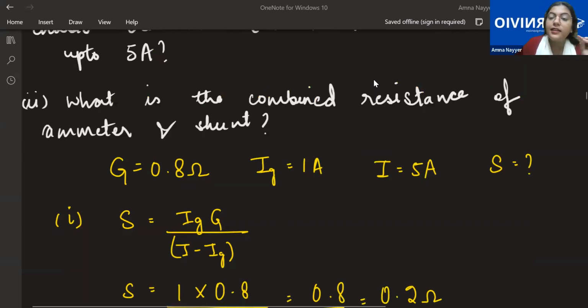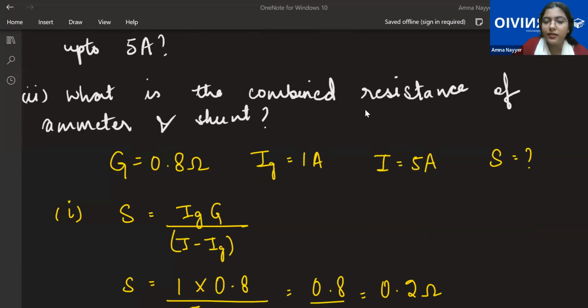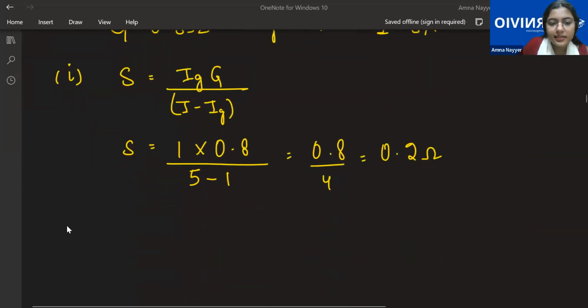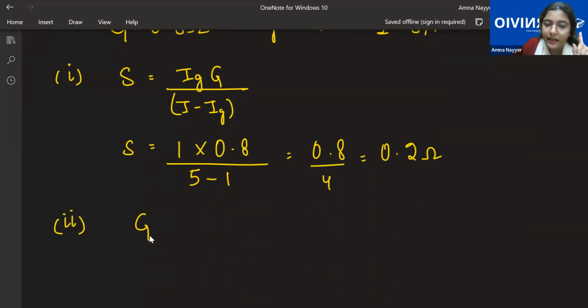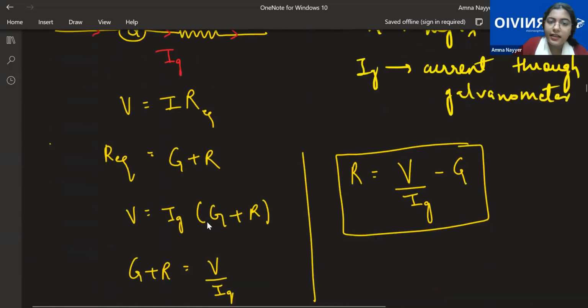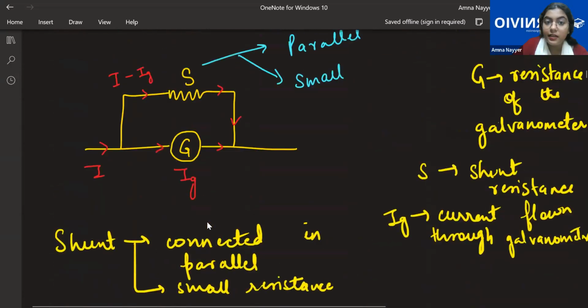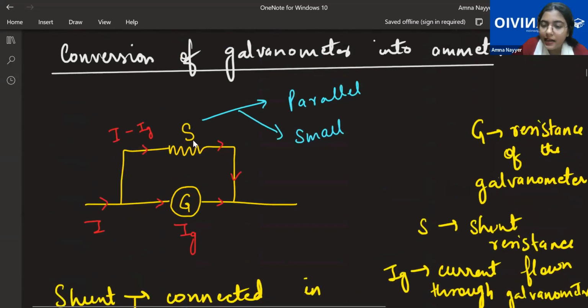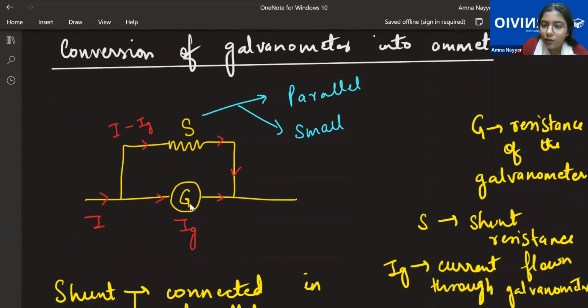It asks what is the combined resistance of the ammeter and shunt. What is our ammeter right now? The ammeter is basically the galvanometer, and there is a shunt. It asks for their combined resistance. Ibrahim, the one you were answering earlier will be applicable here. They are both connected in parallel, shunt and galvanometer.